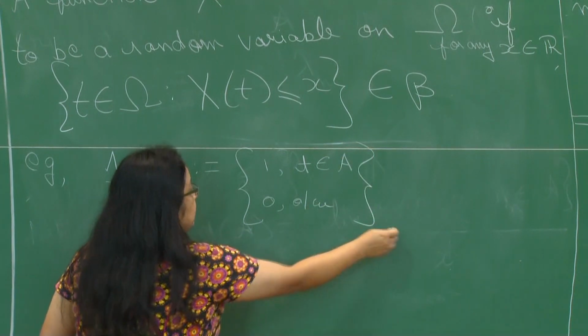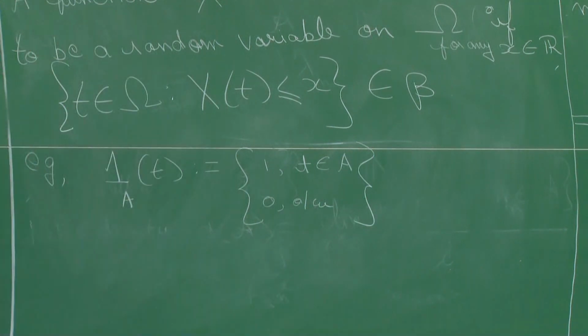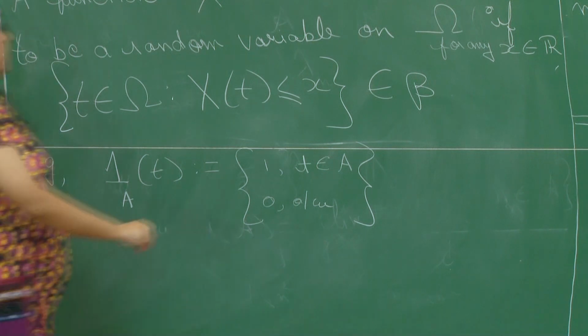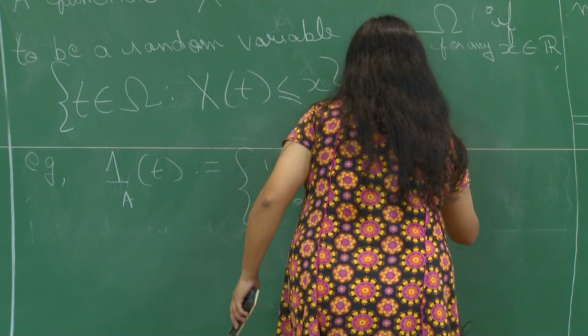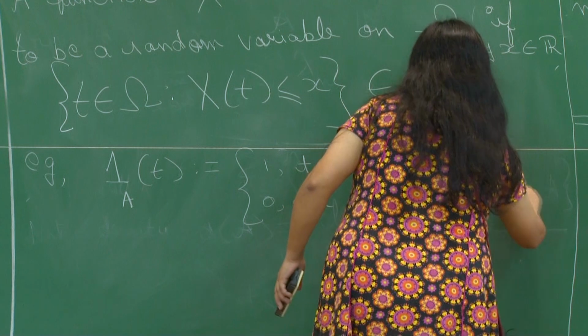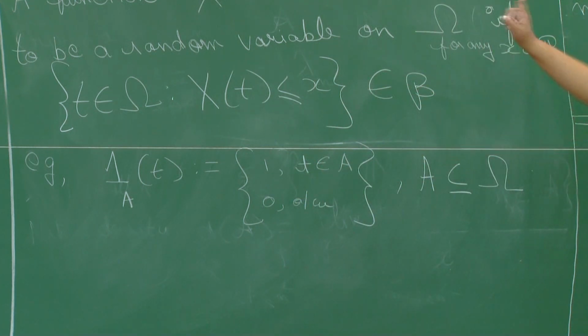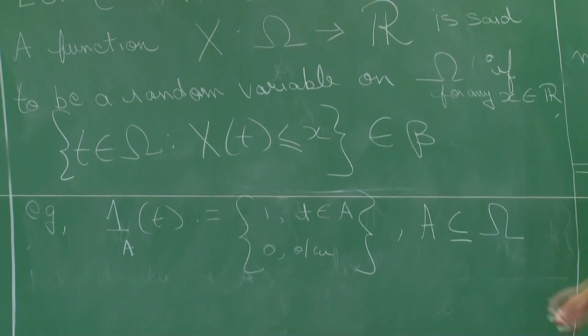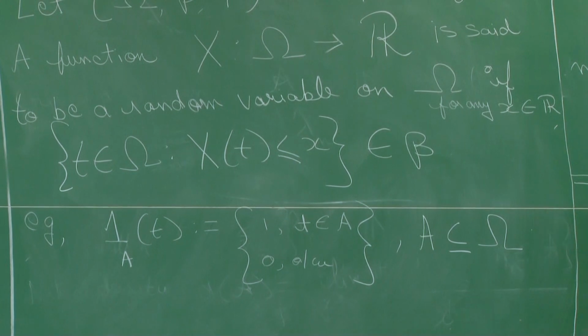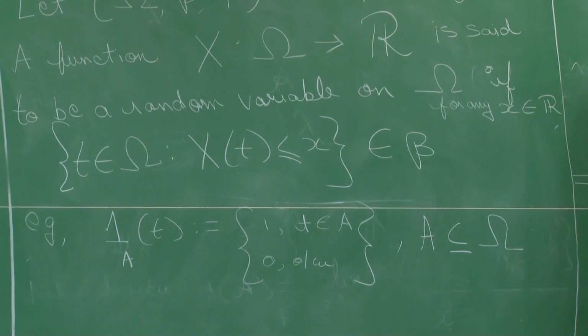We also denote this as the characteristic function of the set A. For A in the sigma algebra, this function will define a random variable if and only if A lies in your sigma algebra. This is an observation I wanted to make.